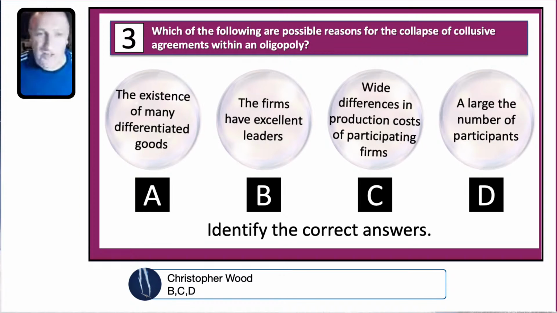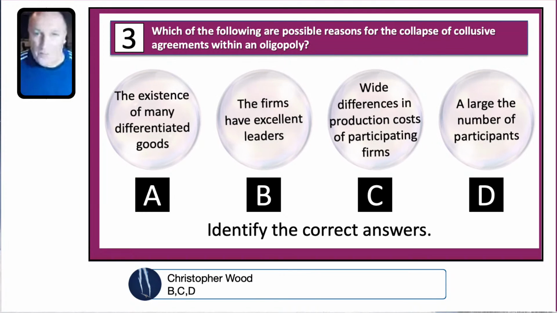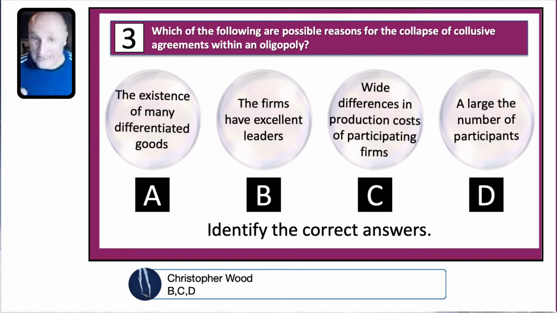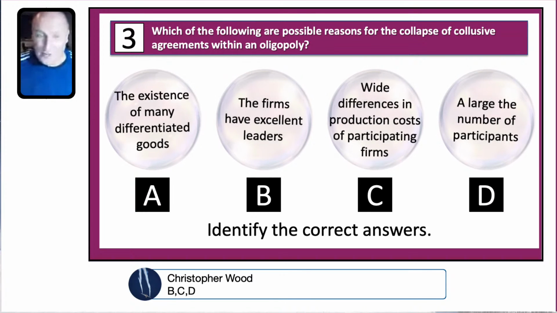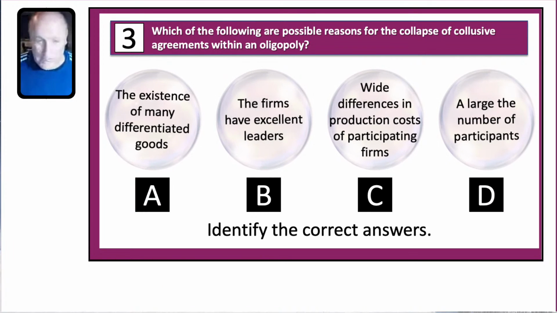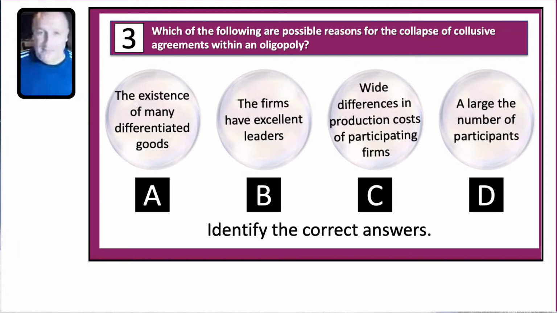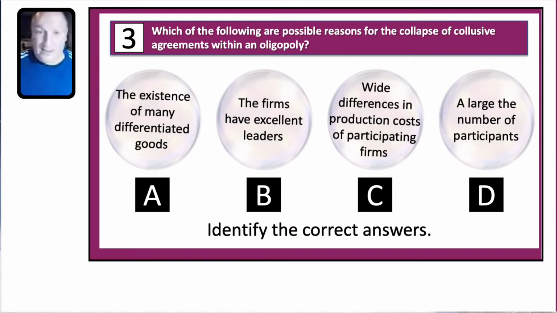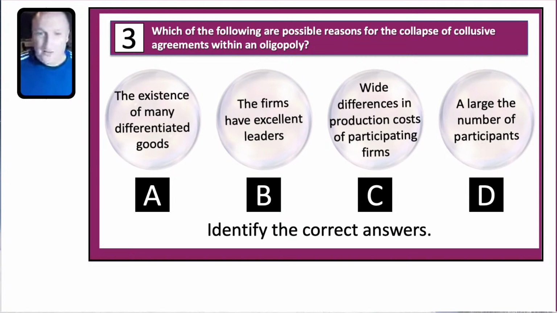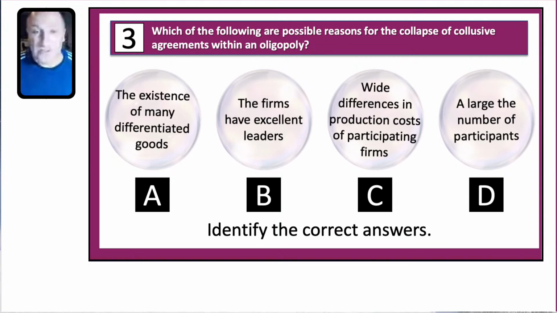Question number 3 on our bubble quiz. Okay, which of the following are possible reasons for the collapse of collusive agreements within an oligopoly? So collusion, a lot of economists love writing that cartels often collapse. Collusive agreements often come to an abrupt sudden end.